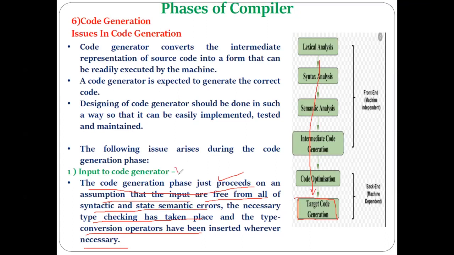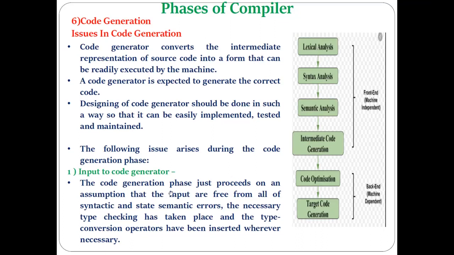So that is the first issue or requirement in the case of the code generator phase, that is, the input to the code generator. What kind of input should be given to the code generator phase? Input should be in the form of some intermediate code. It should be without any kind of error; there should not be any syntactic errors, semantic errors, etc.